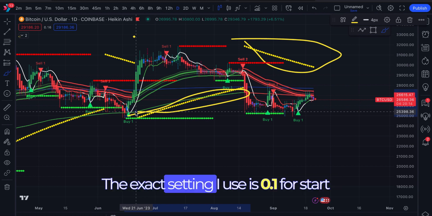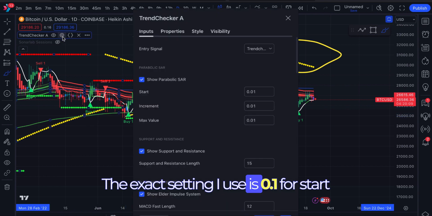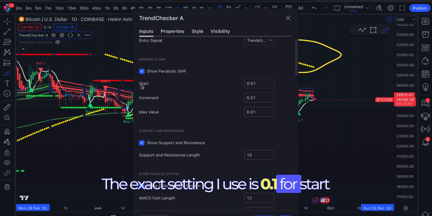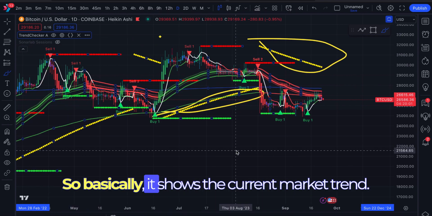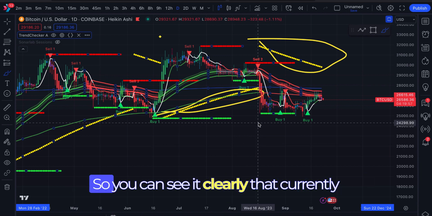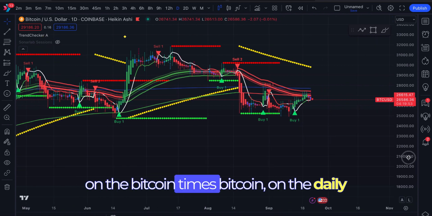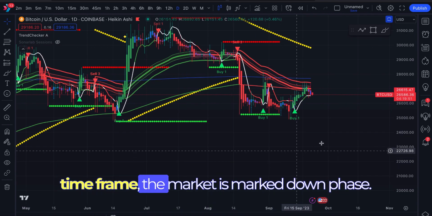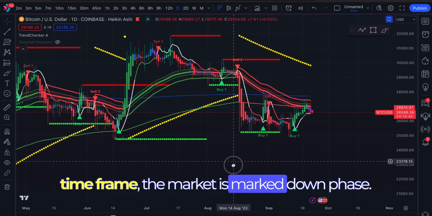The exact setting I use is 0.01 for start, 0.01 for increment, and the max value is also 0.01. So basically it shows the current market trend. So you can see clearly that currently on Bitcoin on the daily time frame, the market is in the markdown phase.